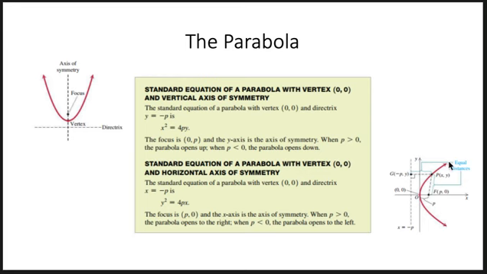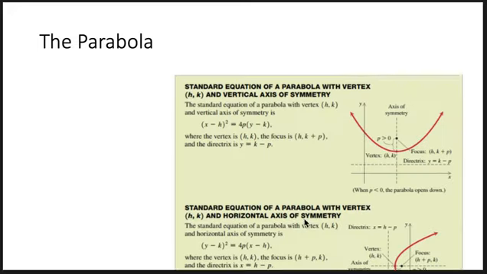And when the parabola was facing right or facing left, the equation was y squared equals 4px. And we went through a couple examples, two where we found the vertex, the directrix, and the focus of the parabola given the equations, and one where we were given the focus and the vertex, and we came up with the equation.